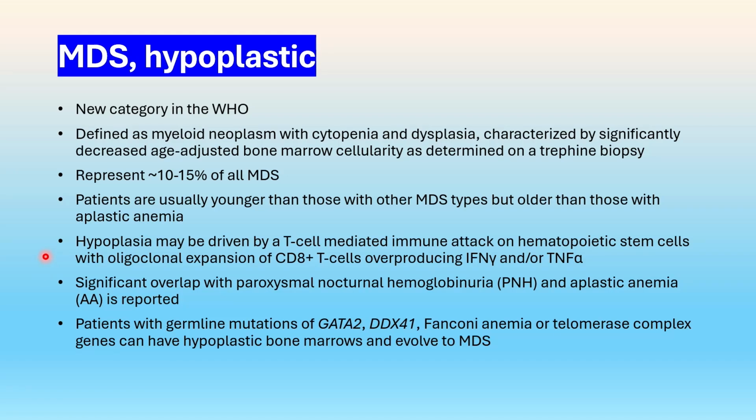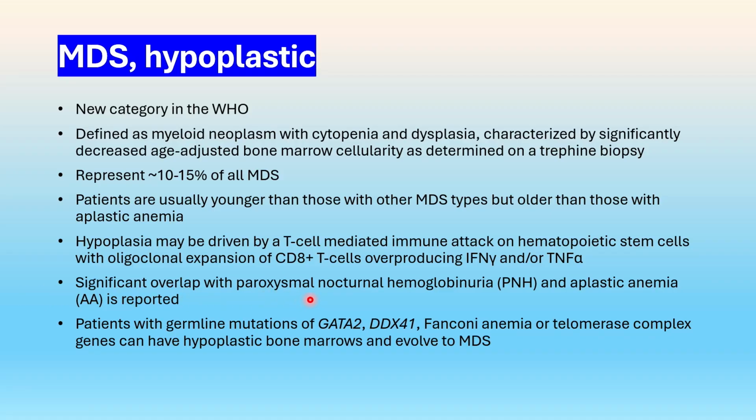And then I think the point of this entity is to mention that it can be driven by T cell mediated immunity on hematopoietic stem cells with expansion of CD8 positive T cells. So many times we will do immunostains, and you will have an increase in T lymphocytes. If you do clonality testing, they may be oligoclonal or even clonal. That's definitely something that we see.